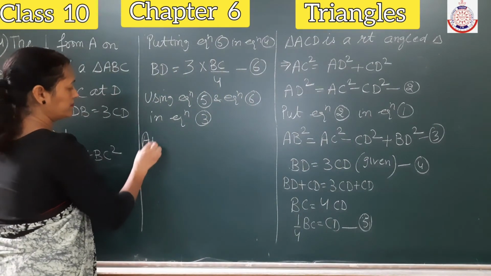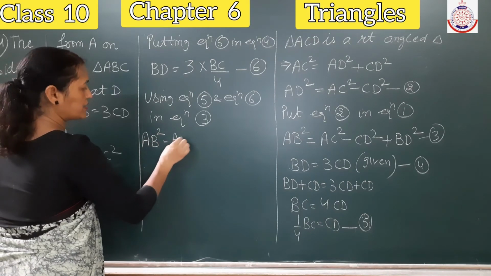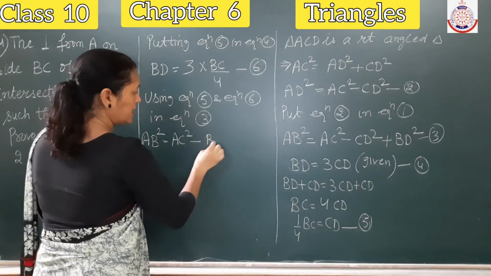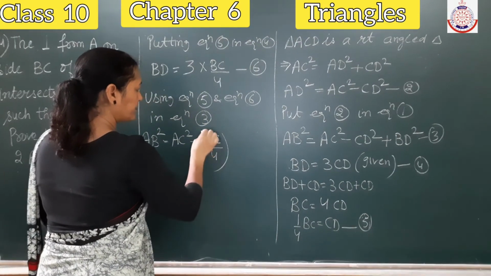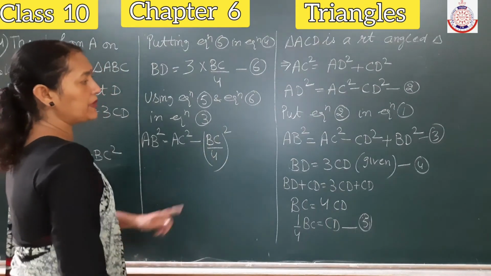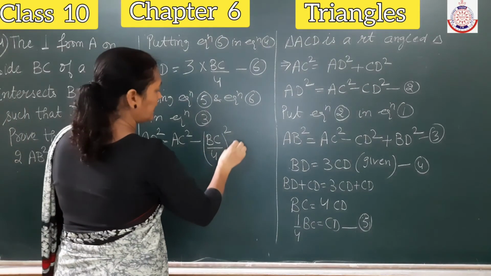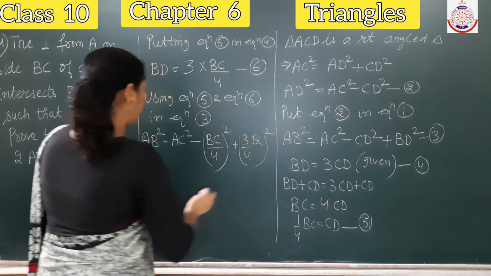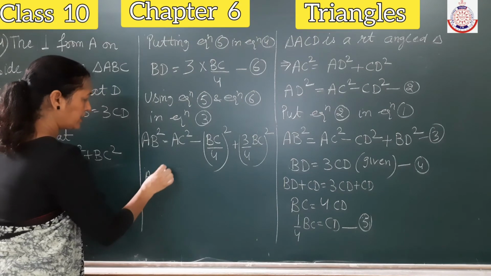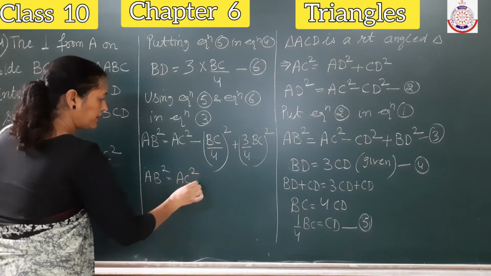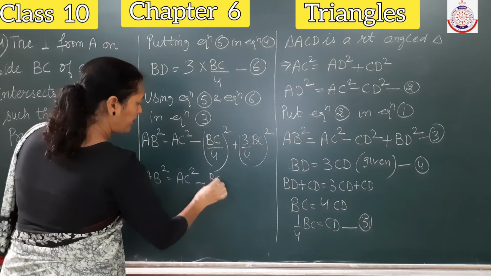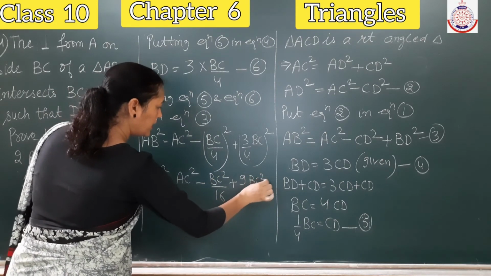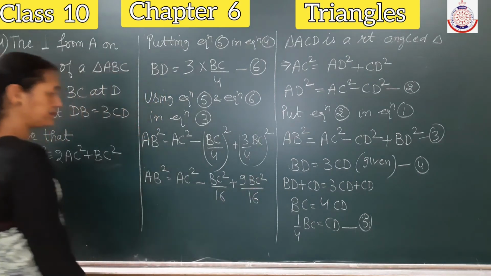AB square equals AC square minus, in place of CD, BC upon 4 squared, plus BD, in place of BD we write 3/4 of BC whole square. AB square is equal to AC square minus BC square upon 16 plus 9 BC square upon 16.